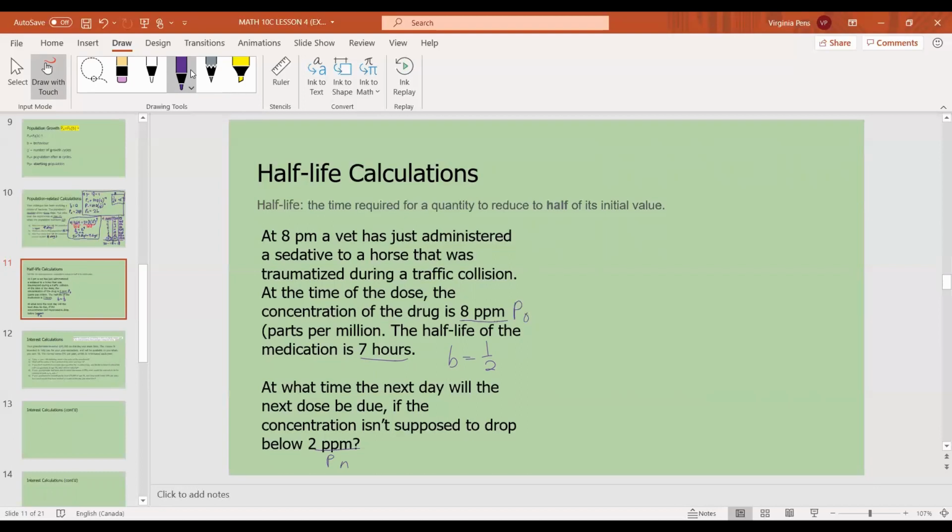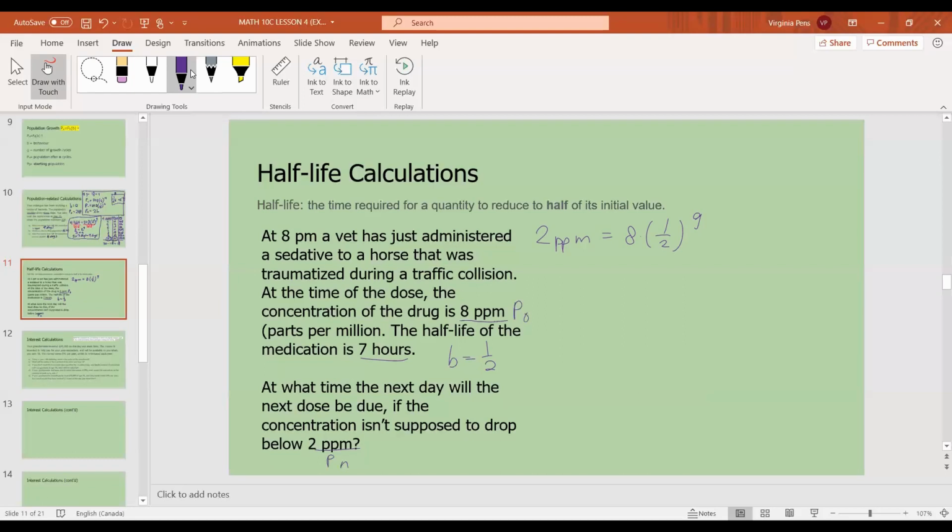We'll have to do it by trial and error, trying every value until we reach the G value that works. Let's write down the equation: Pn is equal to 2 ppm, the starting initial value P0 is equal to 8, the behavior is 1/2, and G is unknown.